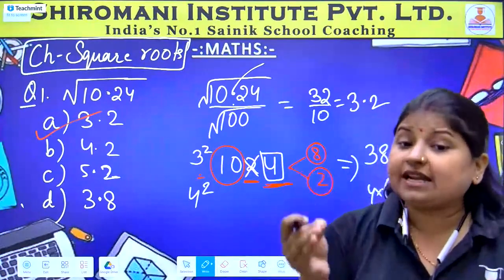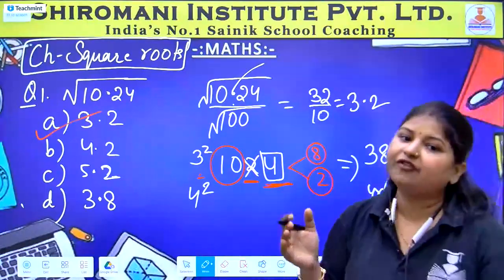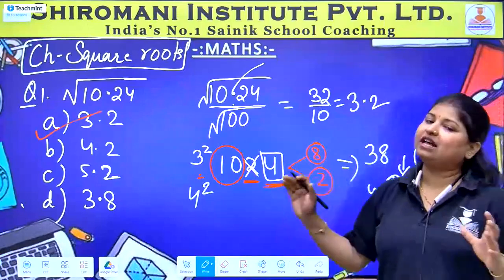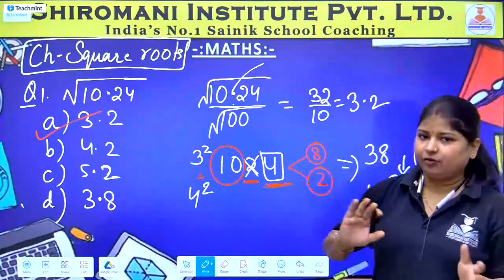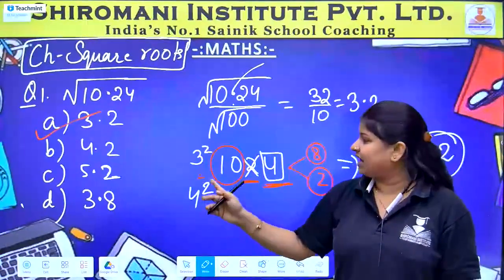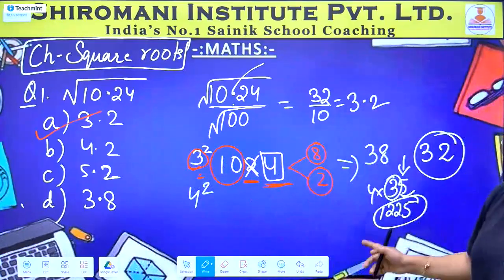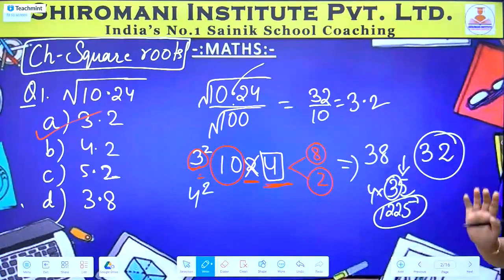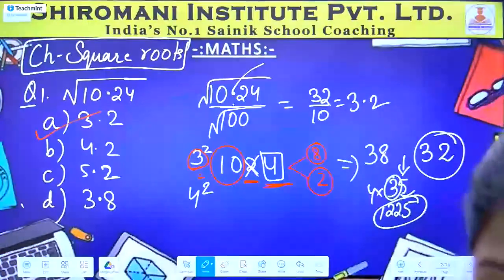No. 10 comes between which two square numbers. So, if I know the squares, I know that this 10 comes between the square of 3, that is 9, and the square of 4, 16. It comes between 9 and 16. So, I will take the lesser digit, that is 3. So, my answer would be either 38 or 32. Got it, Nandani? Where did we get 32 and 38?